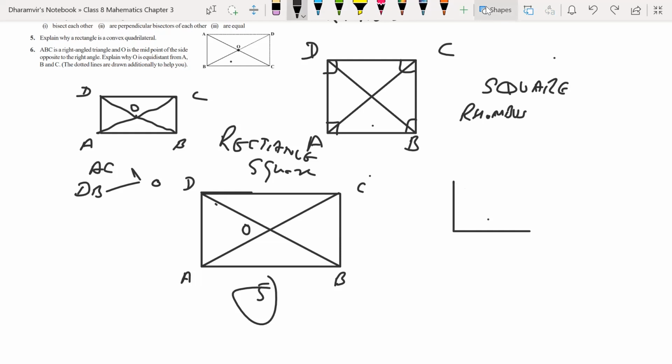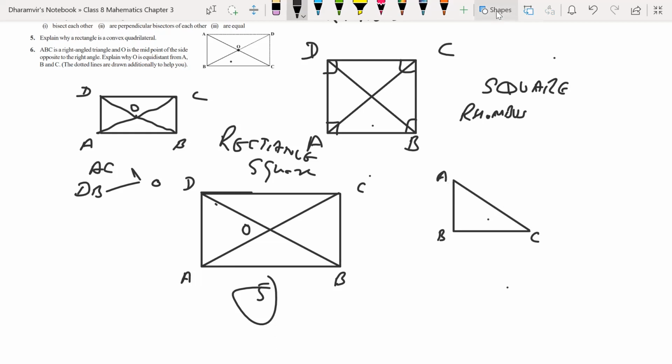This is A, B, C, a right angle triangle.